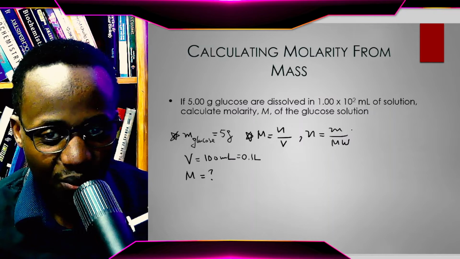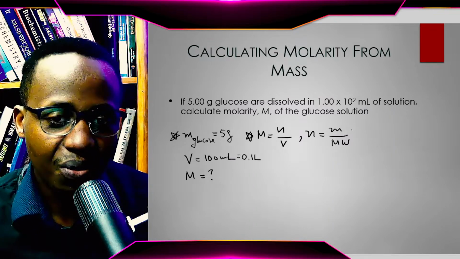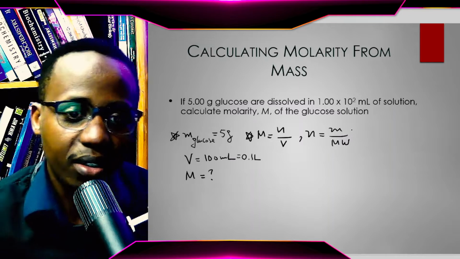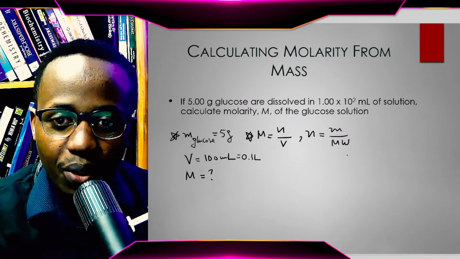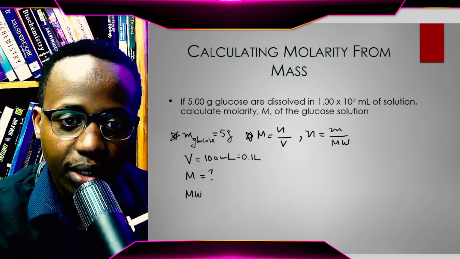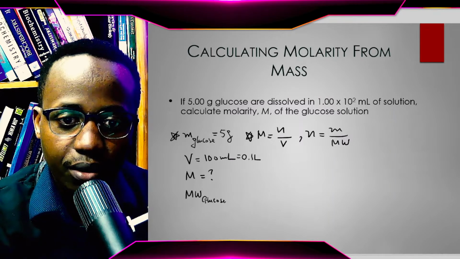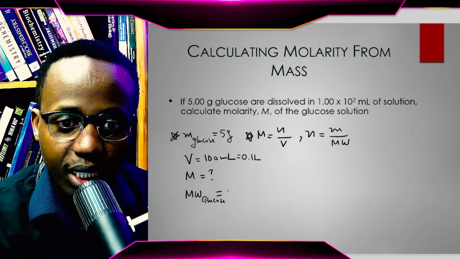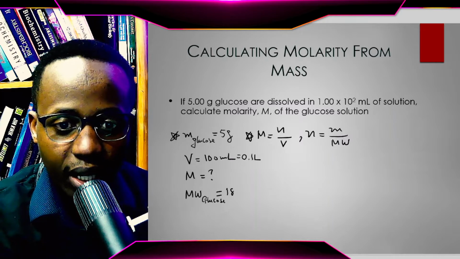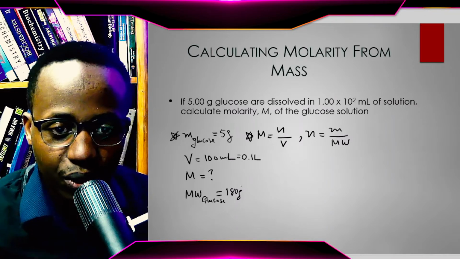You find N, and then after you find N, you find M. For that, we need the molecular weight of glucose. Again, you can find this on the periodic table. I believe it's 180 grams, right? That's the molecular weight of glucose.